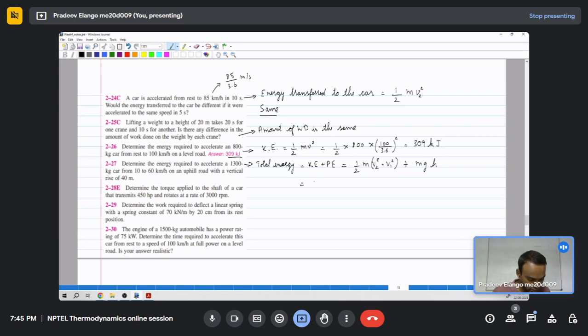We can rewrite this as 1300 kg by 2 into (60 by 3.6) square minus (10 by 3.6) square, plus 1300 into 9.81 into h, which is 40. So can you compute the total energy?